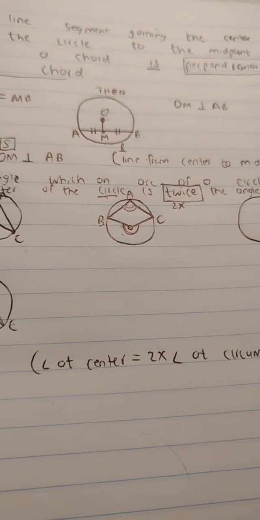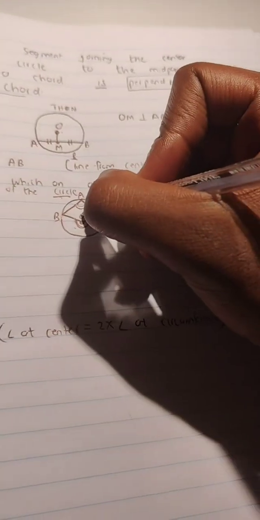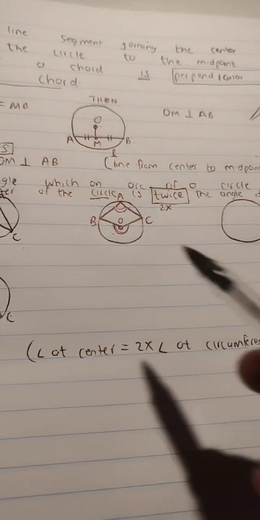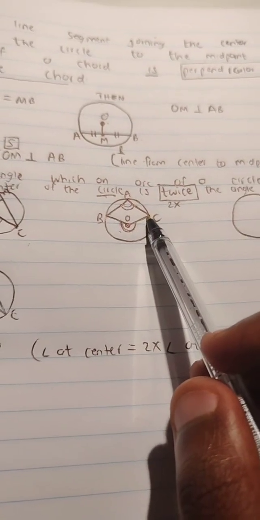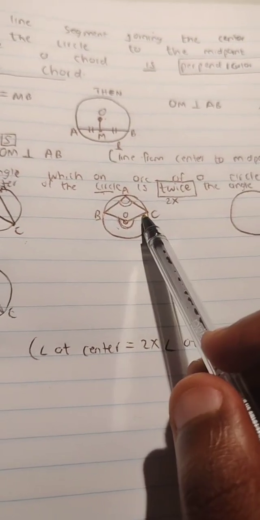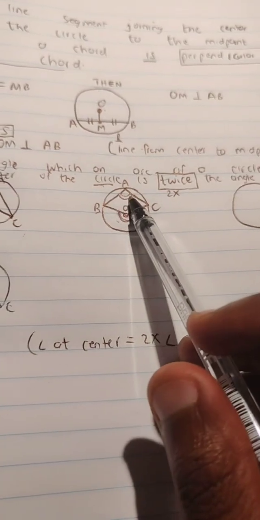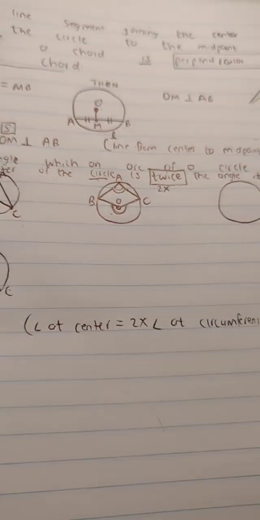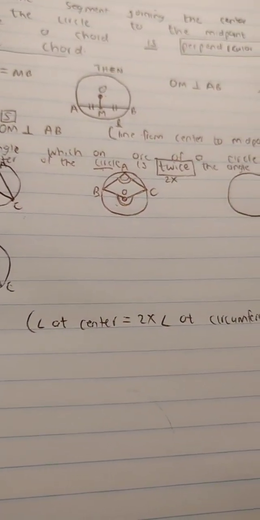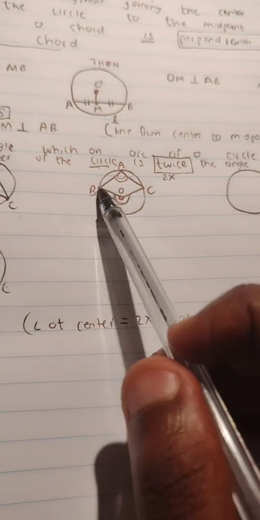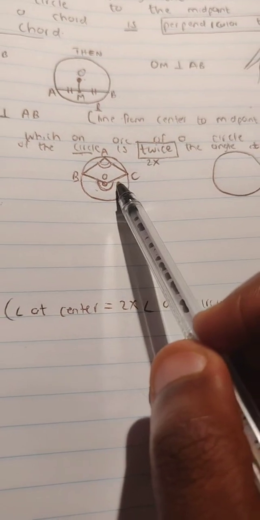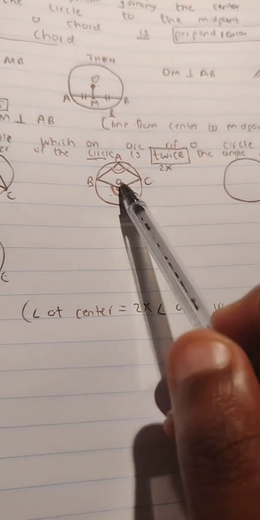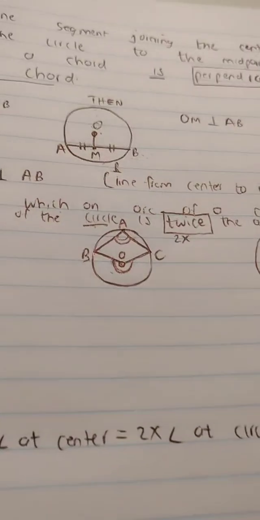All right. So if that is O, angle BOC, the reflex angle, all right, will be equal to twice the angle at the circumference there. I repeat, angle BOC, the reflex angle, will be twice the angle there at the circumference.